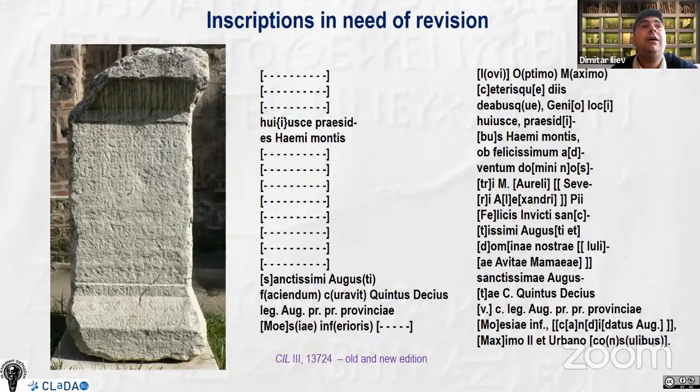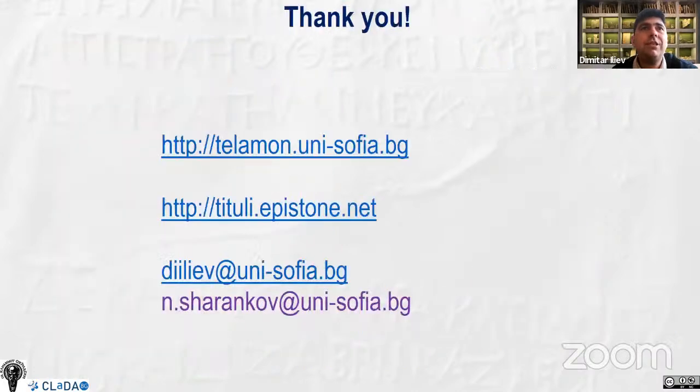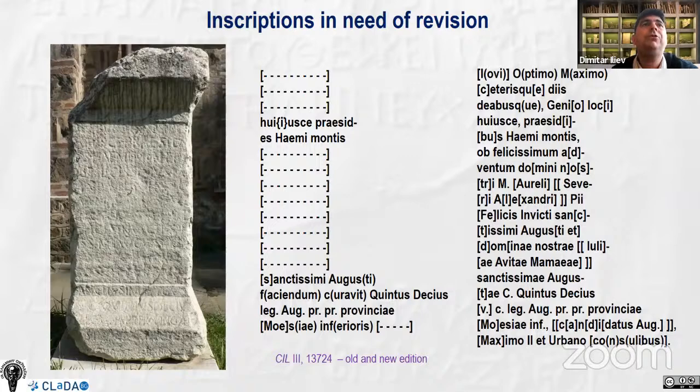It proves that after revision ex autopsia and also with some technical aids such as RTI, actually the older reading was to be preferred, probably because when they saw the monument, it was in better condition, or for other reasons. So yeah, this is what we're going to tell you.